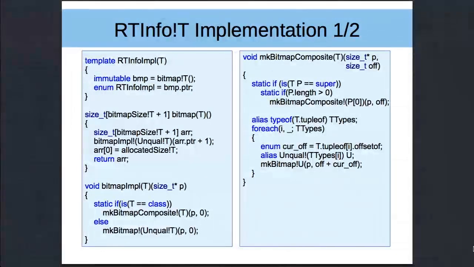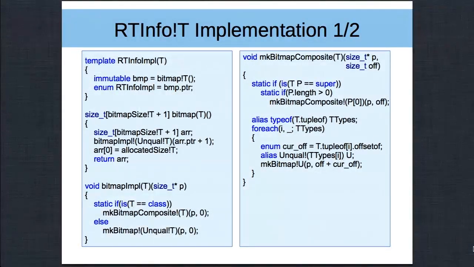For composites or aggregates, like a class or a struct, it checks the base class and invokes it recursively and then runs the bitmap set function for each subtype. Just one note about this tuple of: it is an array of symbols to the members of that class or struct.